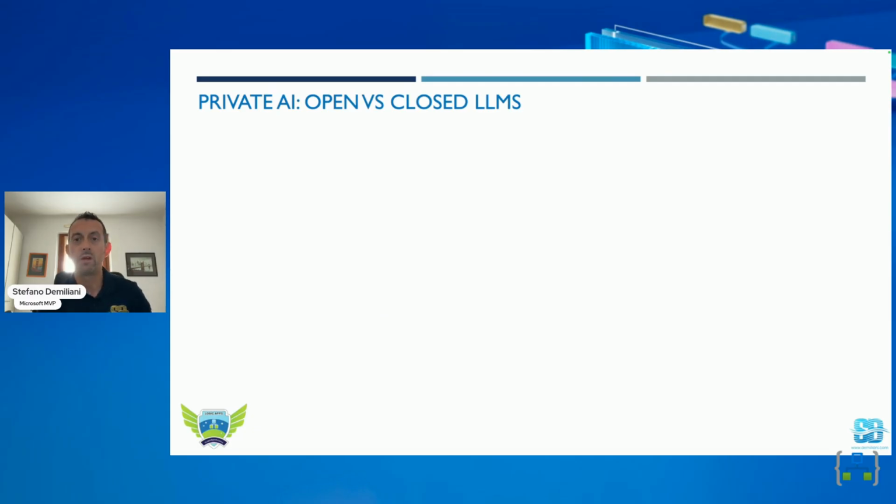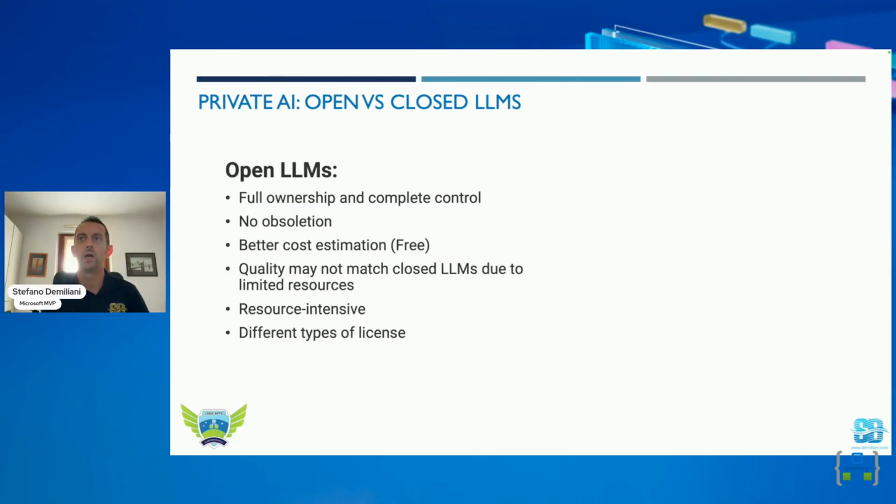When we talk about private AI, there are some concepts that you need to understand. The first is the difference between open and closed LLMs. Because when we talk about AI, we know that there are LLMs we need to talk with. But LLMs usually can be divided into 2 main categories.